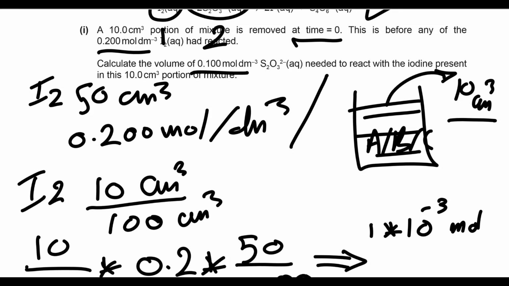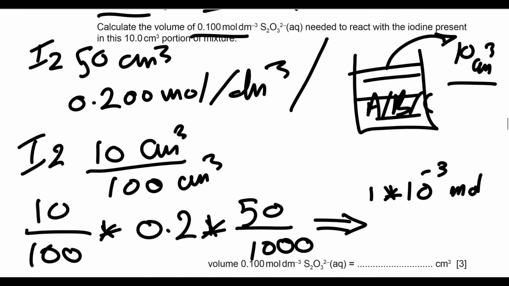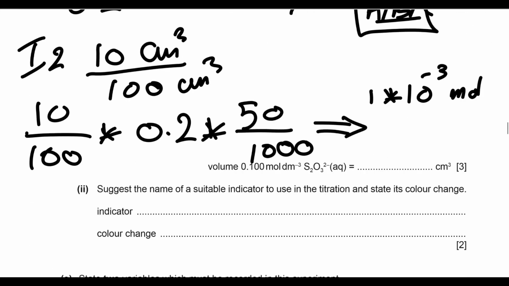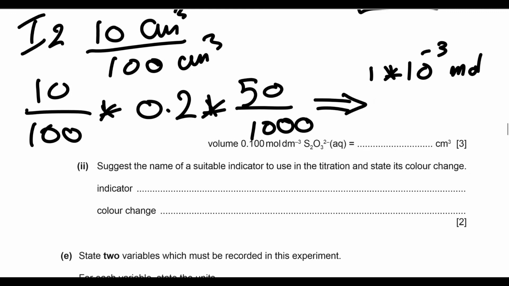With this concentration, you have the number of moles and the concentration of thiosulfate, you just need to find the volume. Concentration equals mole over volume.